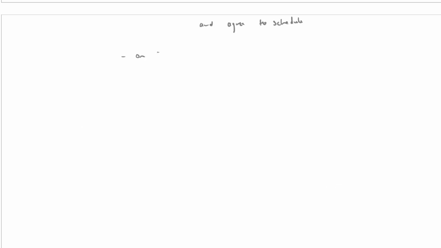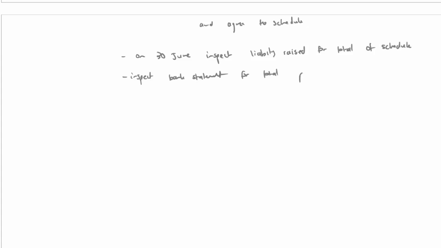So on 30 June, inspect liability is raised for the total of the schedule, and then inspect the bank statement for the total payments to employees per the schedule. Can do that because I'm testing post year end.